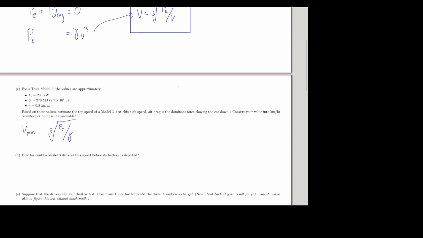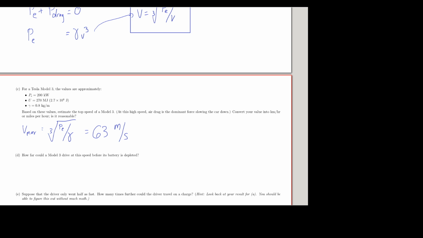It depends on the car's shape and size. So if I put those values in, engine power is 200 kilowatts divided by 0.8 kilograms per meter. Yes, that is in fact the right unit. To the 1/3 power. This gets me 63 meters per second.